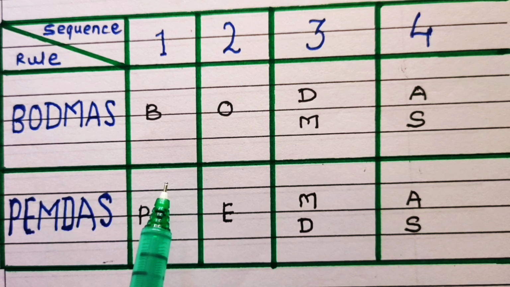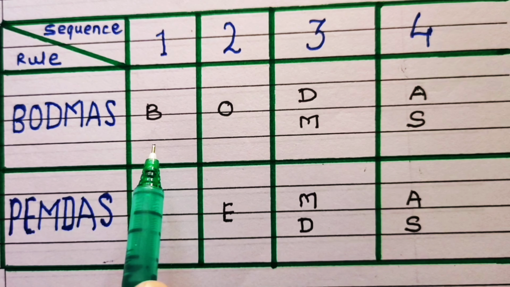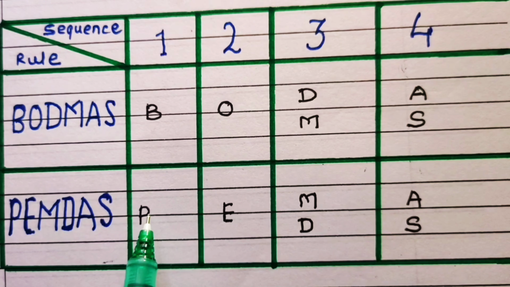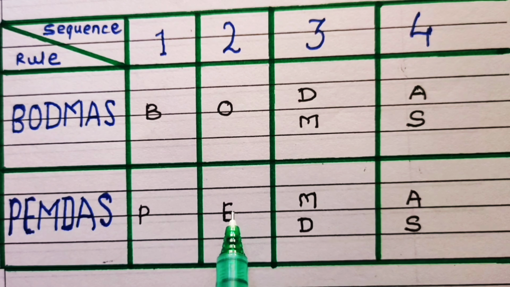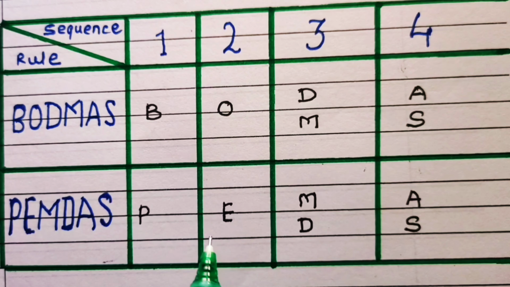The only difference is in the specific word used for these two steps: brackets versus parentheses and orders versus exponents. Both rules emphasize performing multiplication and division from left to right.